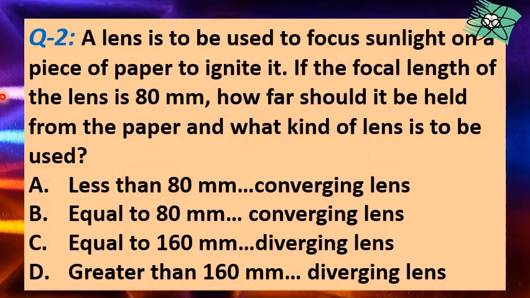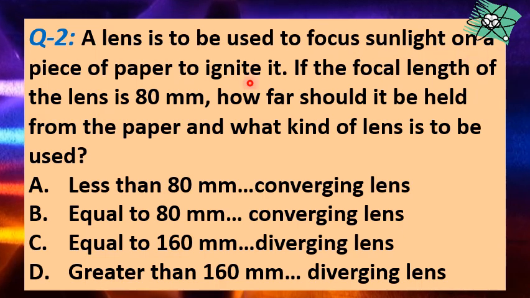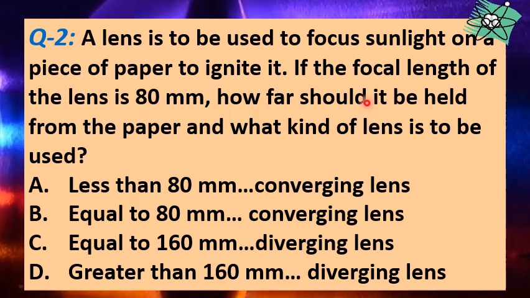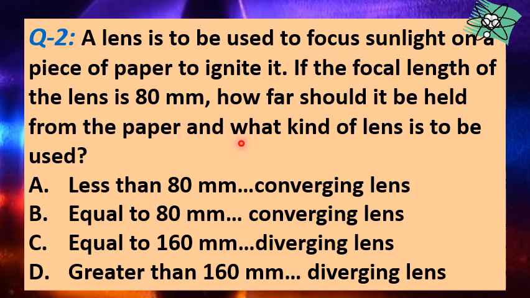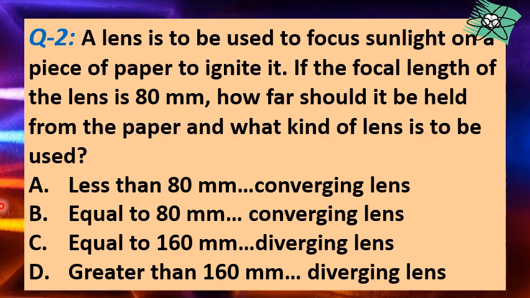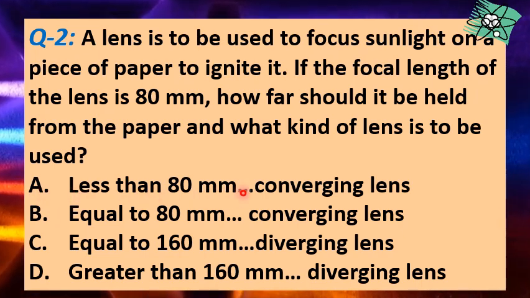Question number 2. A lens is to be used to focus sunlight on a piece of paper to ignite it. If the focal length of the lens is 80 millimeters, how far should it be held from the paper, and what kind of lens is to be used? Option letter A, less than 80 millimeters, and the lens must be converging lens.